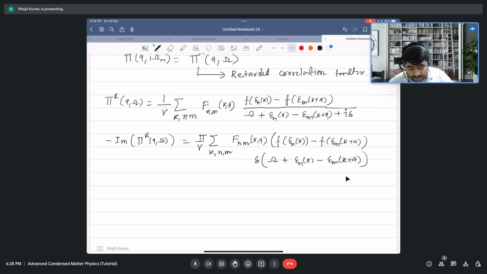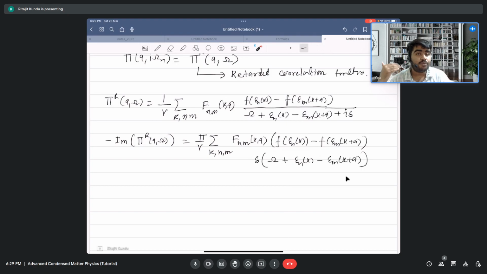Like I showed you for the single particle operator, here also we see a condition: the transitions that the external perturbation induces have to happen between energy levels which are on two different sides of the Fermi energy. Only then does this quantity become non-zero.